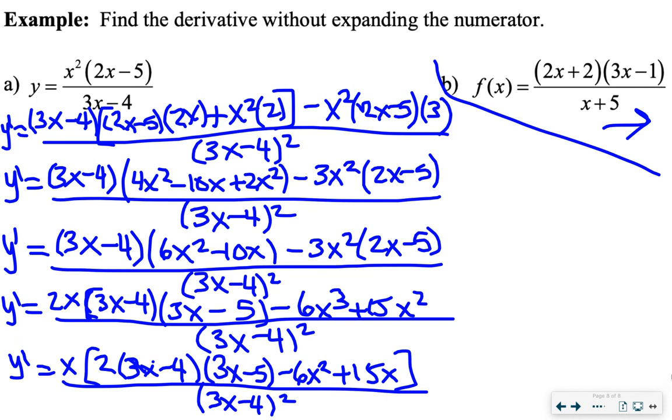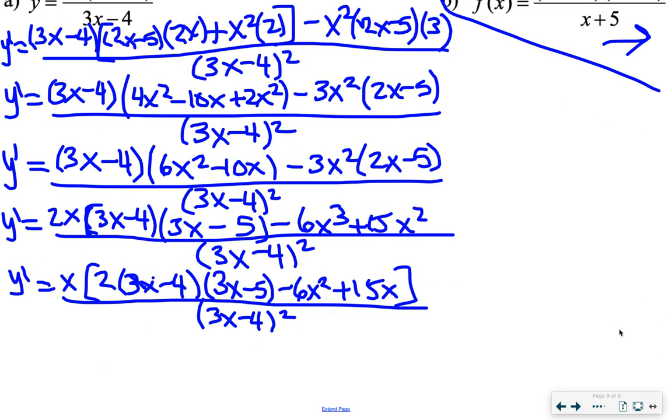Well, this is getting ugly. Okay. Y prime. Let's simplify this inside here. I've got x. Alrighty, so I'm going to have 18x squared minus 54x plus 40.